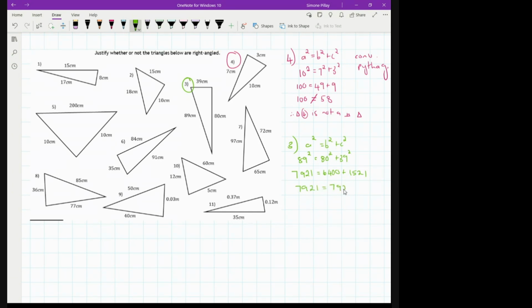Therefore, I'm not going to use ABC because there's a million triangles here, so I'm just going to say triangle number 3 is a right angle triangle, and the reason is converse Pythag. Beautiful. Thank you very much, Demi.